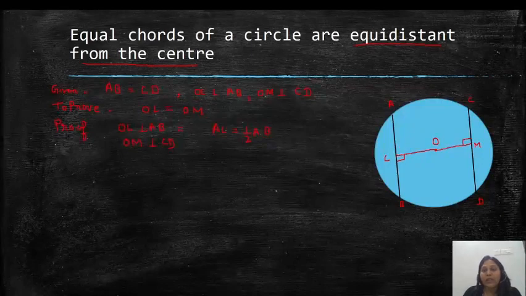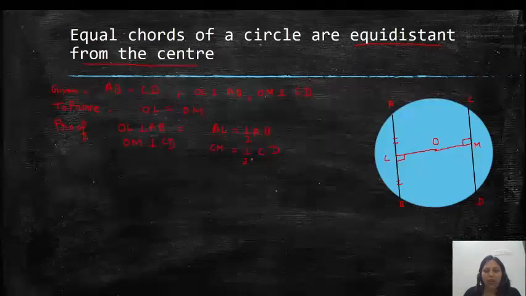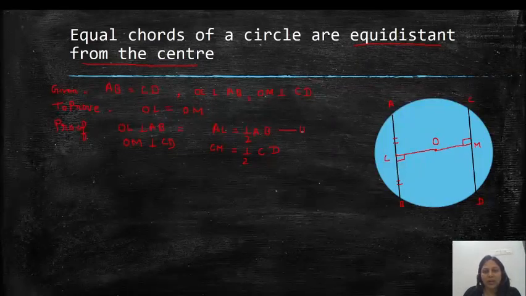So this perpendicular OL is bisecting AB. That means AL is equal to LB, or we can say AL is half of AB. Similarly, on the opposite side, CM is equal to half of CD, right? Let us write these as equation 1 and equation 2.